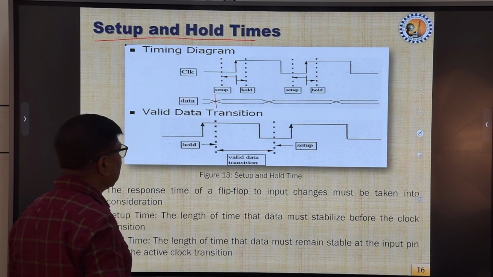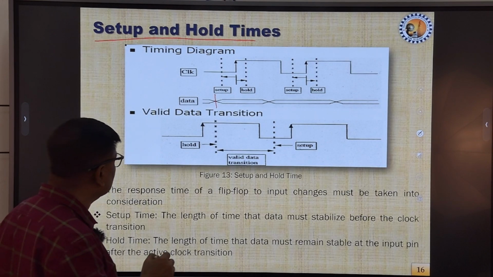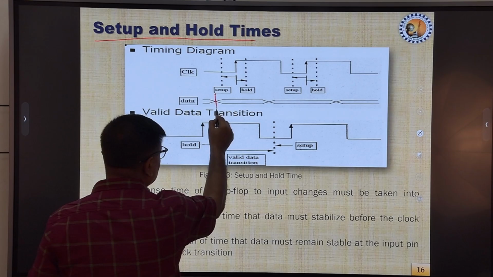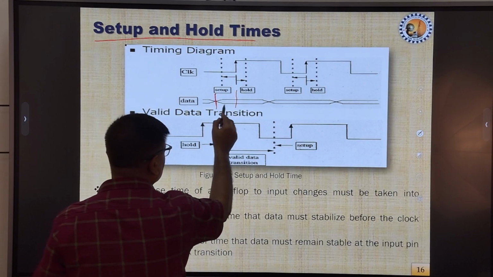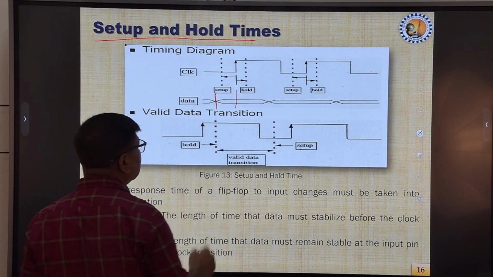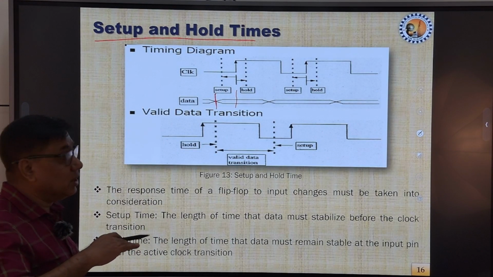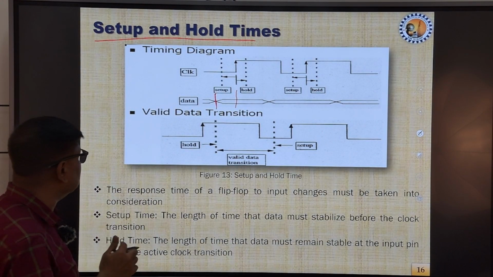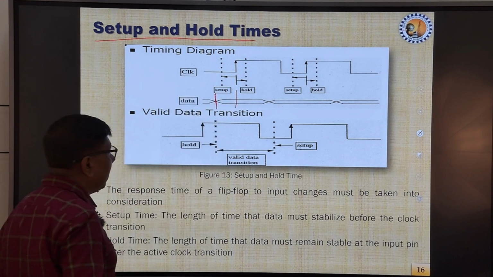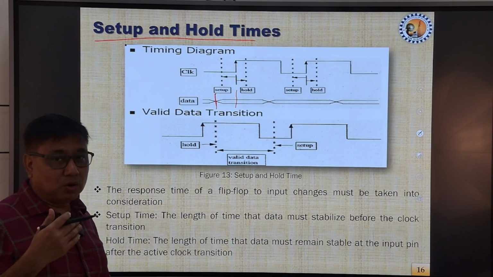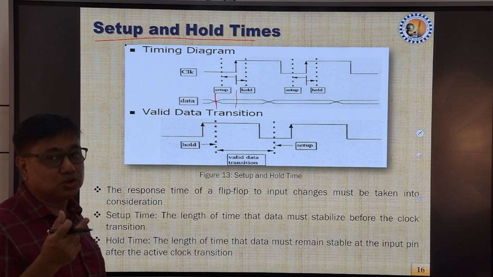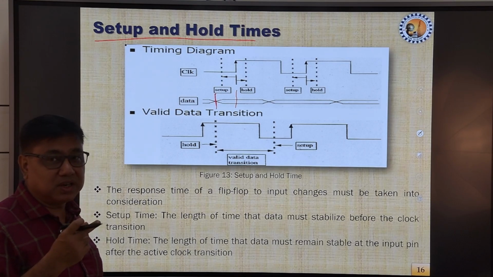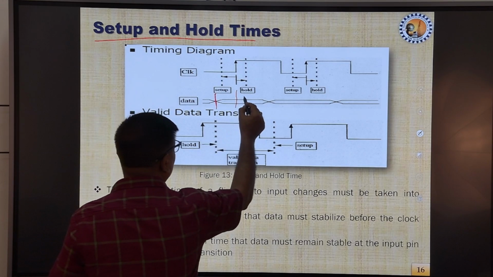You see, the data at the data input has been made stable from this point onward, so that it gets enough time during this period, when the clock makes a positive transition, to settle the input data condition. So, this is called the setup time, and again when the clock has arrived, thereafter also there is a time gap that has to be maintained, so that the clock can read the input data comfortably, and that period is called the hold period.